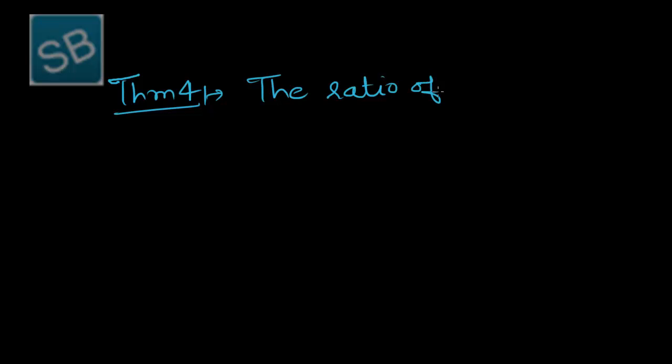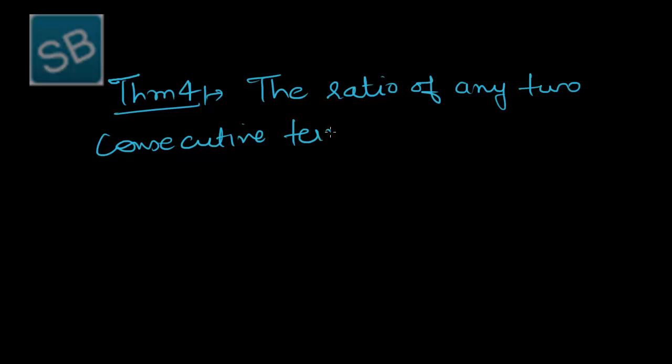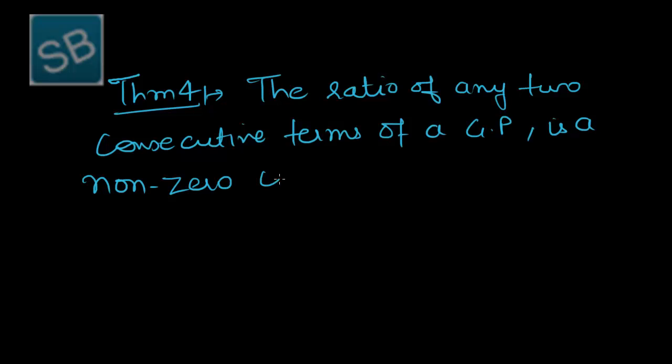Now we are going to state theorem 4, that says that the ratio of any two consecutive terms of a GP is a non-zero constant. Now we will prove this theorem.